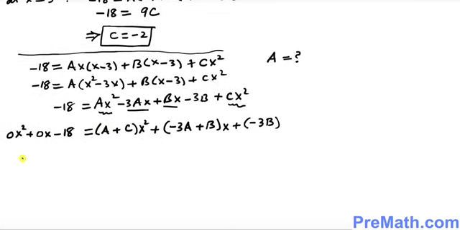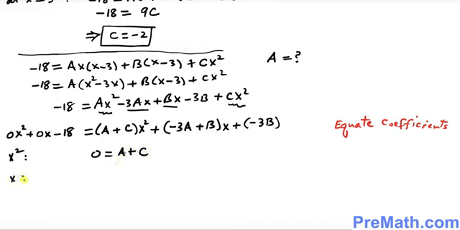If we equate the x square part, what happens? We got on this side the coefficient for x square is 0 equal to, on the right hand side, the coefficient of x square, which is a plus c. So we got one equation.